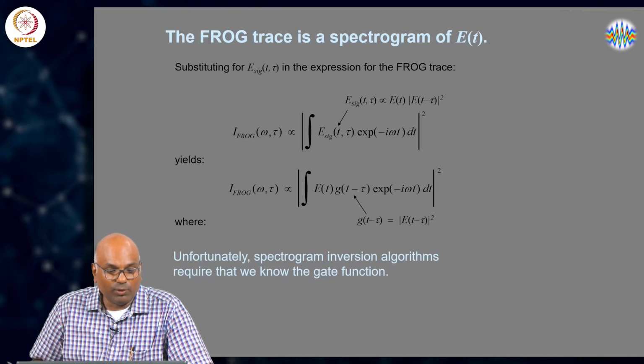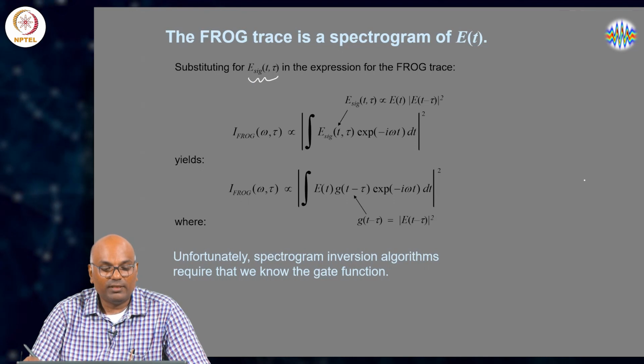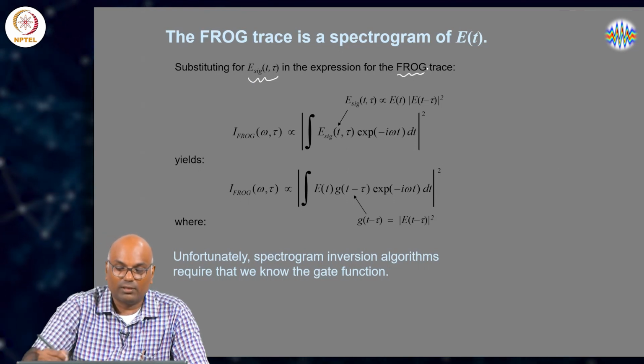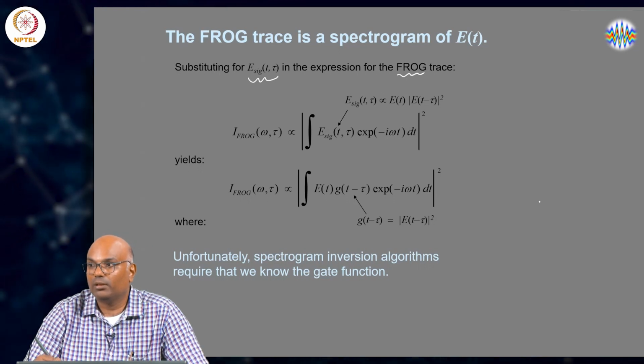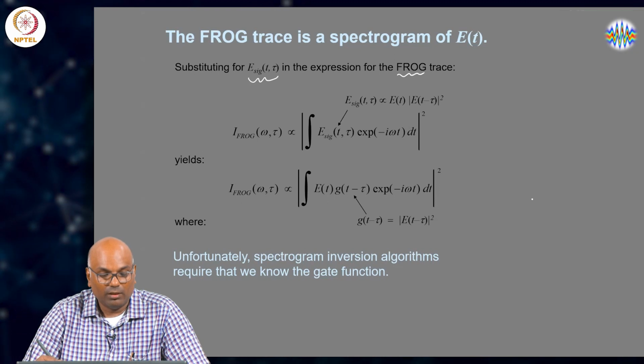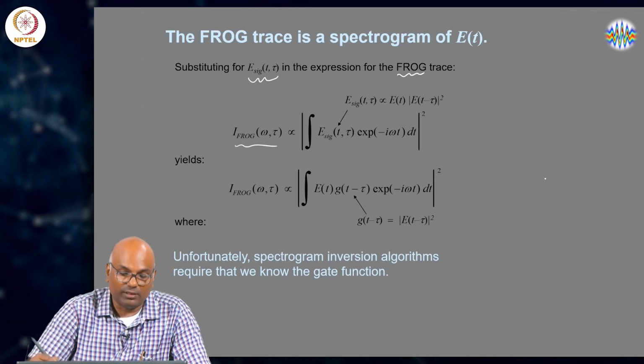So, substituting for E signal t of tau in this expression for the frog trace, right. We essentially are able to measure a frog intensity.